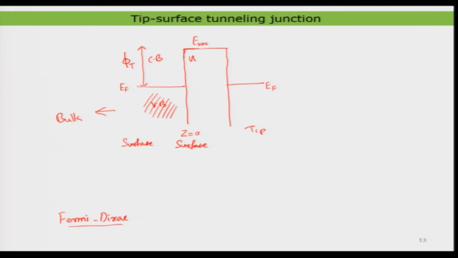Because I have chosen the same material, I can again define the work function to be psi: this has to be psi s, and this is psi t. Since they are the same material, for the convenience that we are doing, psi s and psi t are the same. Now you see that I have created some kind of a barrier for the electrons that are present here.